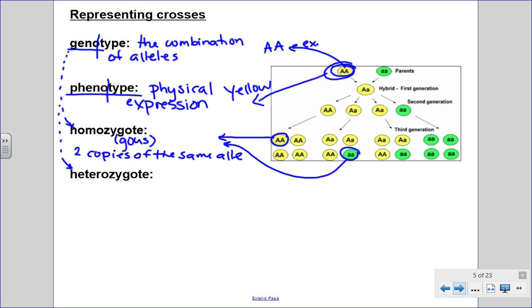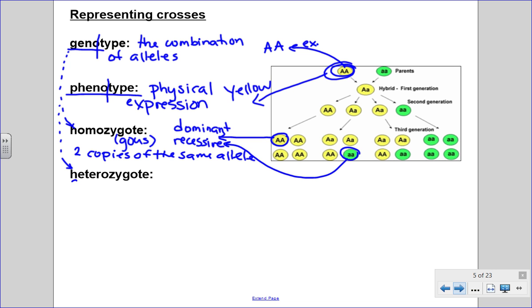It doesn't say which allele you have to have a copy of. Just says that you have two copies of the same one. So if I take a look at my two choices, one of them is two capital A's, one of them is two lowercase a's. So we would specify and say, is this a dominant homozygote or a recessive homozygote, so that we can be clear which allele it is that they have two copies of.